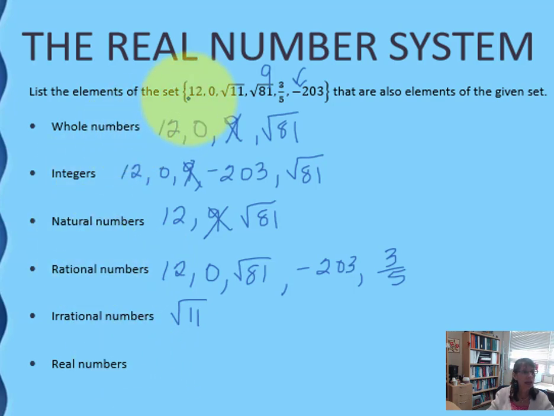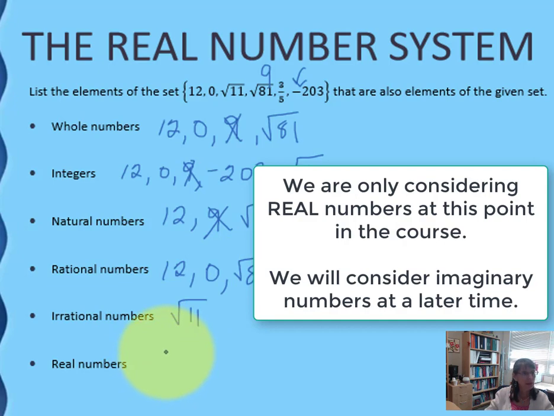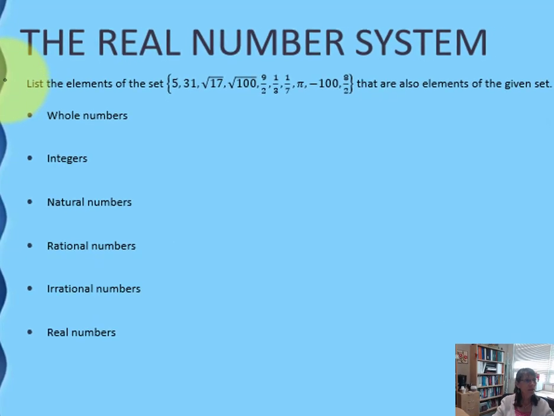So it should be every number listed in the set of elements. So we have 12, 0, square root of 11, square root of 81, 3/5, and negative 203.